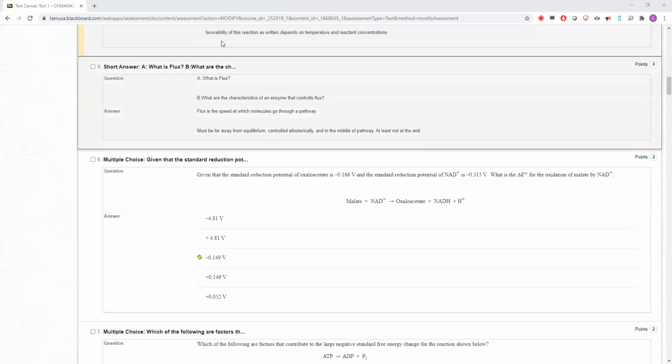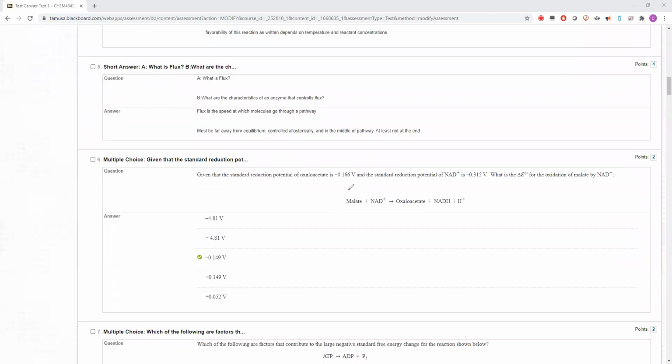For this, we have to figure out what's being oxidized and what's being reduced. Negative 0.315 minus 0.166, and we get negative 0.149. So that is delta E. All you have to do is add these two values in the correct order.